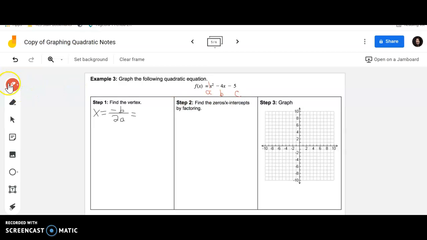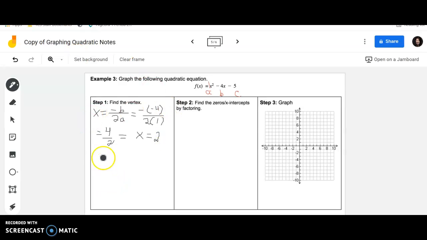So we're going to have a negative, and then our b is a negative 4. Then we're going to have 2 times 1, because our a is a 1. So that's going to be positive 4 all over 2, which is going to equal 2. So our x equals 2.